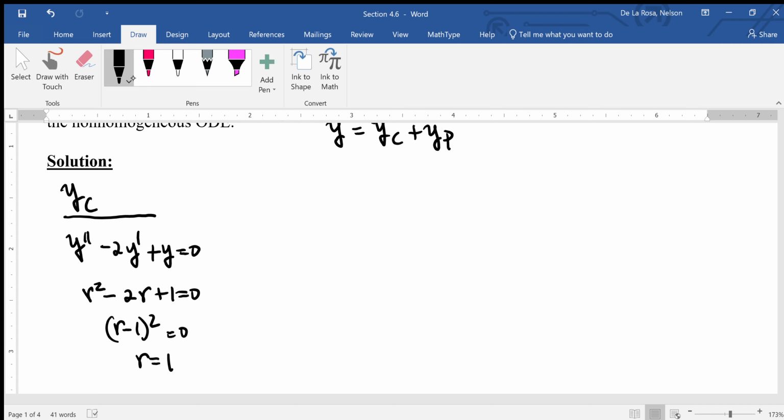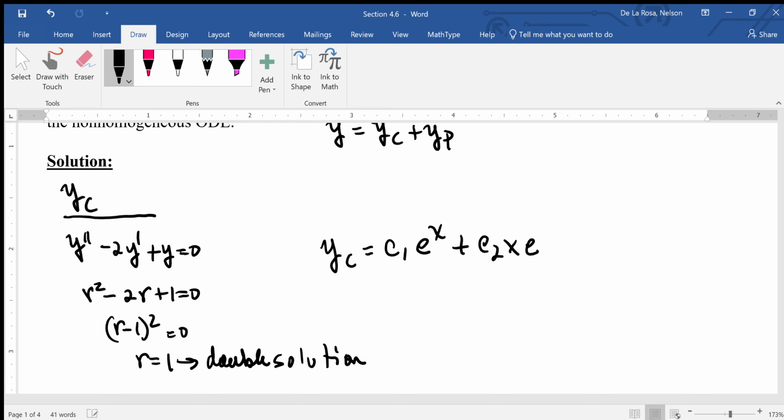So we have 1 twice, so we have the double solution for the complementary. So the complementary is yc equals c1 e to the x plus c2 x e to the x.